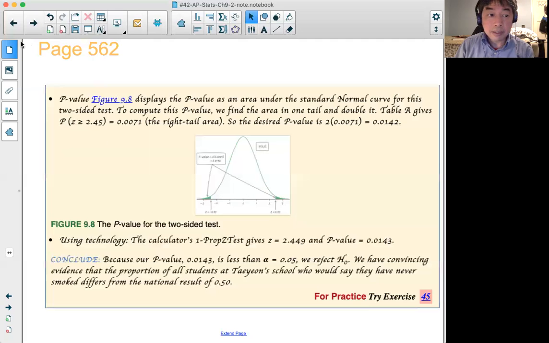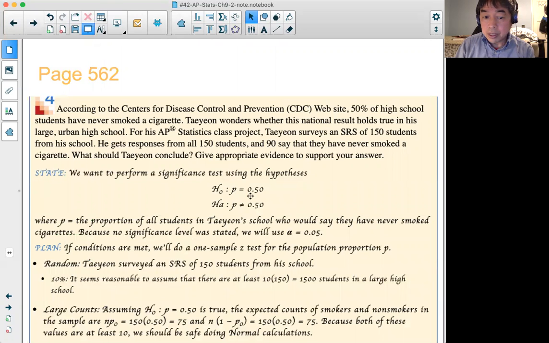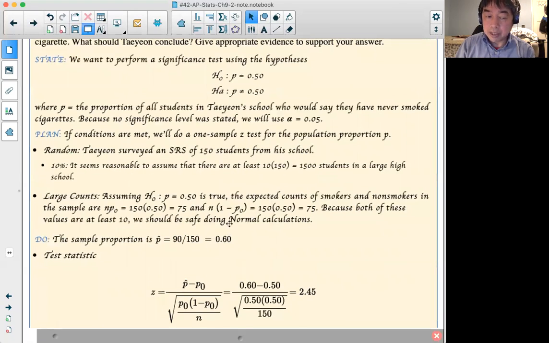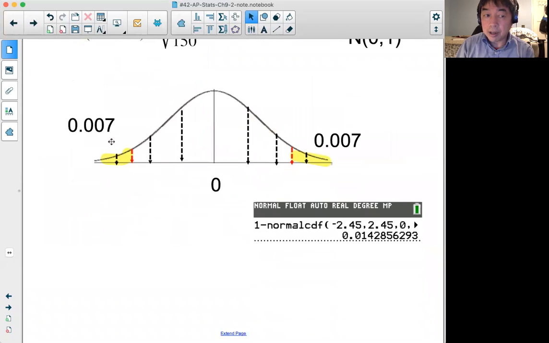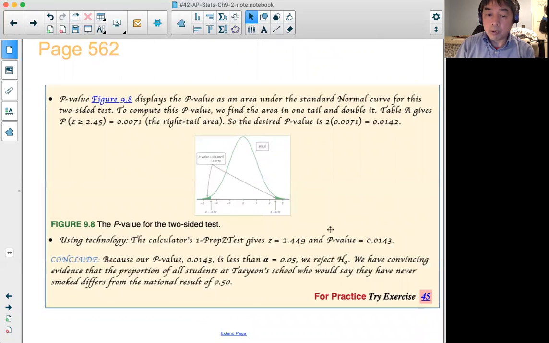What is the null hypothesis? If you remember, it didn't change from the national survey, which is a 50% chance they have smoked. Taehyun's high school was 60%. Is that rare? Yes, it's rare. How rare? The Z-score was high, and the p-value is so low, 0.0143, which is less than the alpha level. So we reject the null hypothesis.